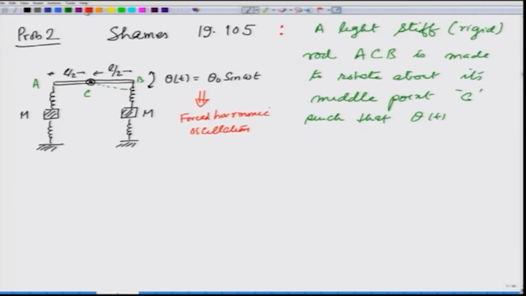So, let us make this angle theta t is varying as theta t equals theta 0 sine of 20 t.